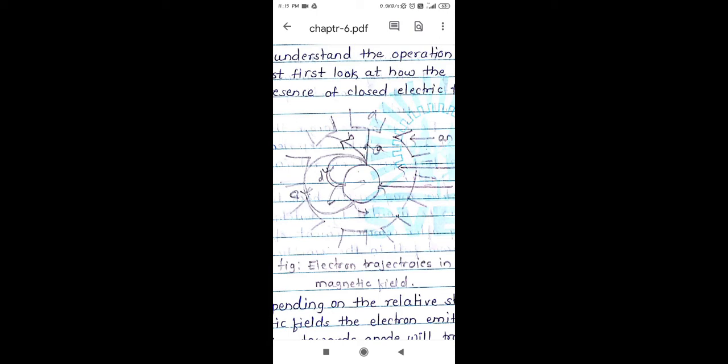The radius of the path is given by R is equal to mv by eB.